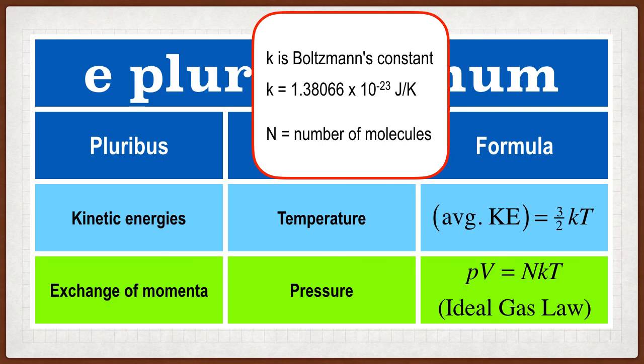A lot of people equate the concept of entropy with disorder in a physical system, disorder in the universe. But there's a lot more to entropy than just that. Anyways, Boltzmann's constant, this mysterious constant of nature in the metric system, has units of joules per Kelvin and a value of 1.38066 times 10 to the minus 23.